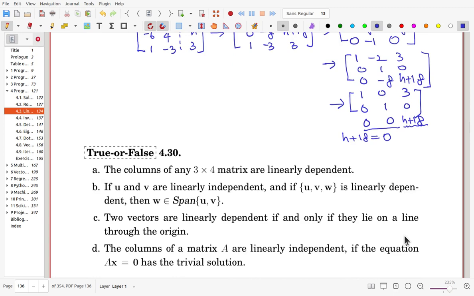Now we'll try to solve true or false problems, okay? The columns of any 3 by 4 matrix are linearly dependent. Is it true?